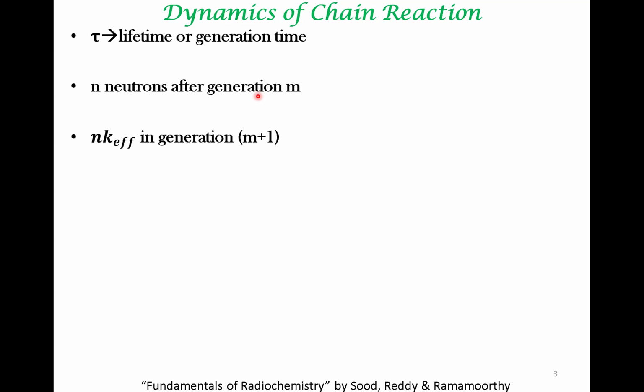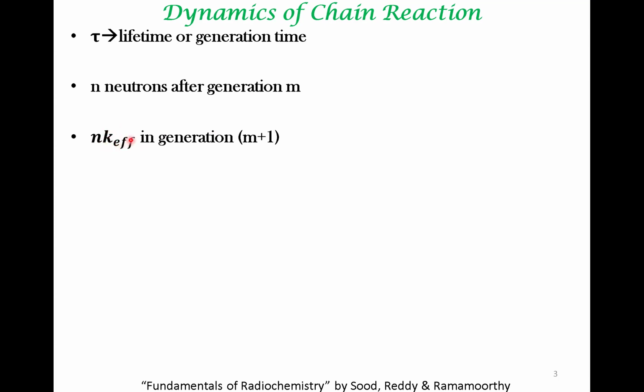So here, what we are going to consider is if there are n neutrons after generation m, if one more generation passes, that is, you've gone to m plus 1 generation, the effective amount of neutrons you have is n times K effective. So if you remember, this is the multiplication constant.